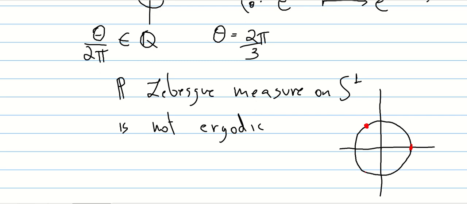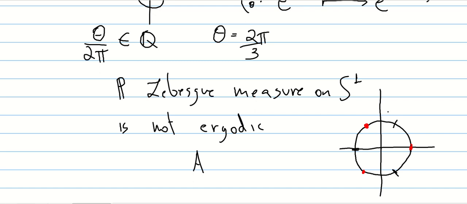This point is going to be sent to this point and back to the first one. What if we define the set A to be this? It divides the circle not in 3 as in the denominator here, but in 6.